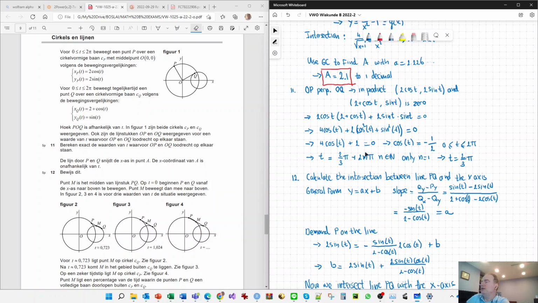You get t equals 2/3 pi plus 2n pi, and again check for which n. t is in this interval here, and that is only for n equal to 1.